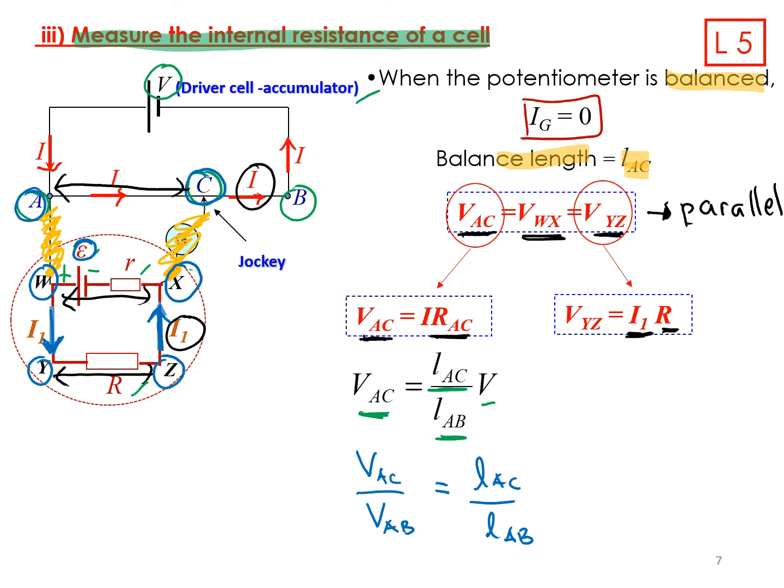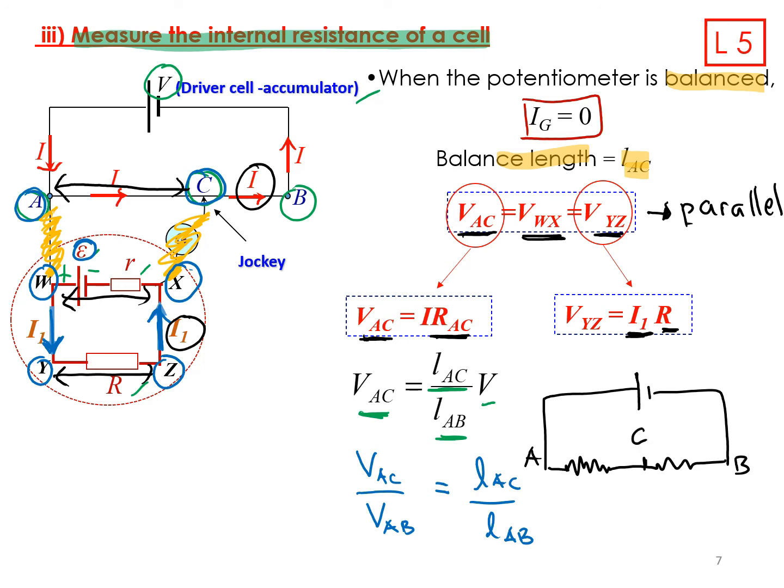Why do we use the potential divider? Because, so that's your battery. I use the upper loop. So this is like a resistor, and wire AB, and this is point C right here.